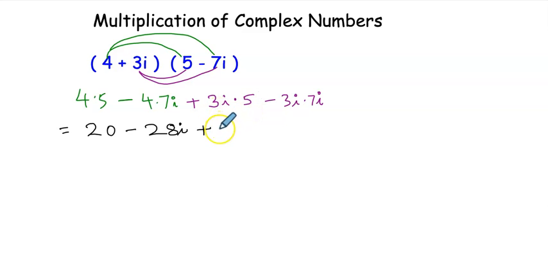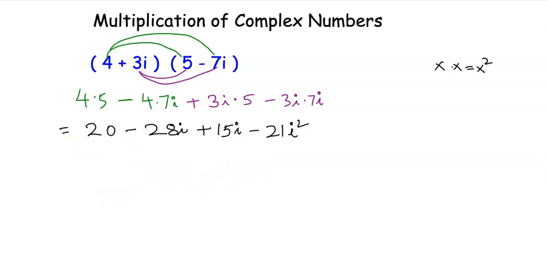So 3 times 5 is 15. 15 times i is 15i. And this one is a little tricky. 3 times 7 is 21. And i times i is i square. Just like x times x is x square, same way, i times i is i square.